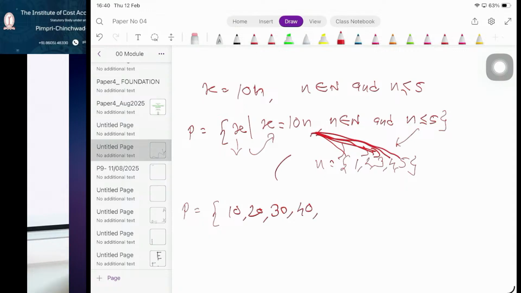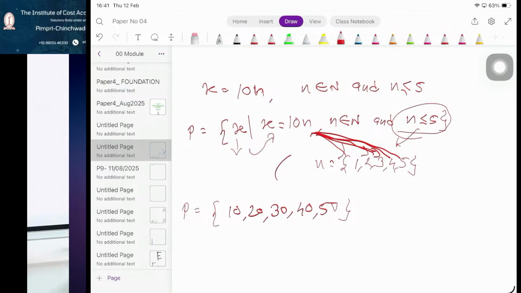And 10 multiplied by 5, that is a 50 and so on, because n is less than or equal to 5. So in this way you can define the set by the definition. How the member or element can be defined in set, that method is called as set builder or ruler method of defining or representing the set.